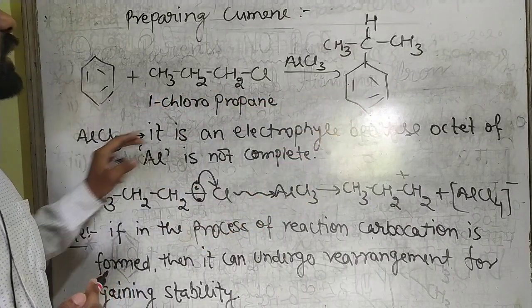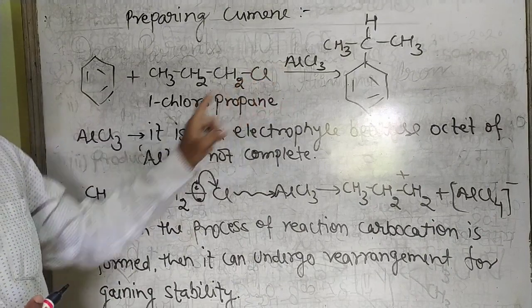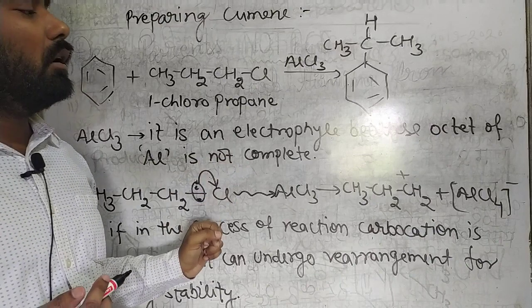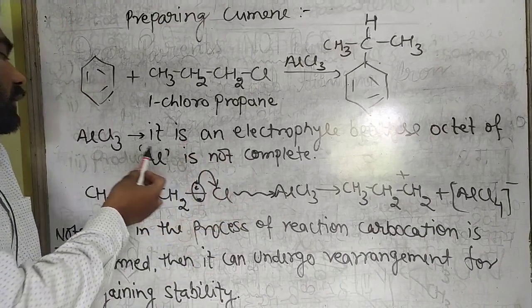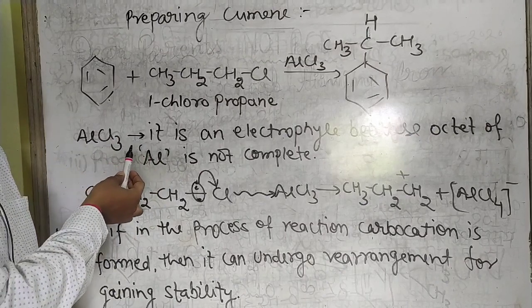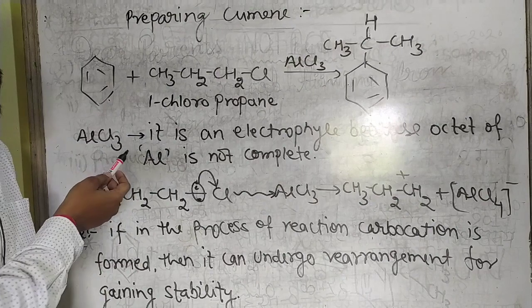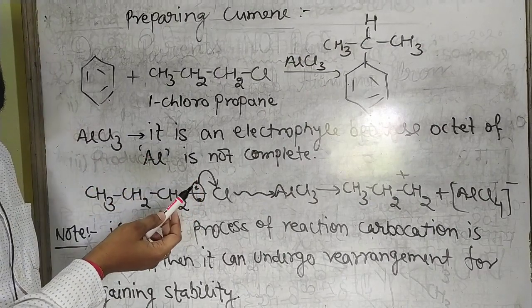Now, AlCl3 is used as a reagent for this reaction. AlCl3 is an electrophile because the octet of aluminium is not complete. If you see the bonds formed by aluminium, there are only 3 bonds, and in the last shell of the aluminium there are only 6 electrons.